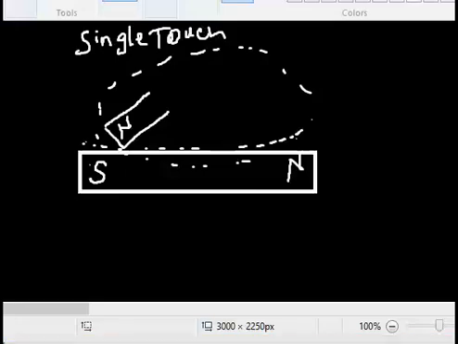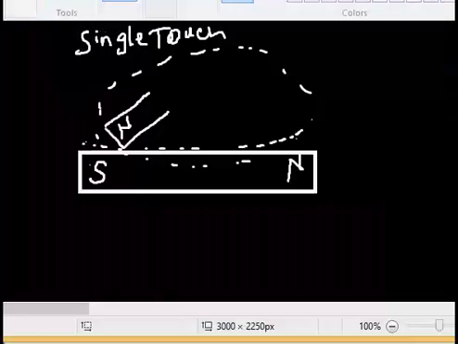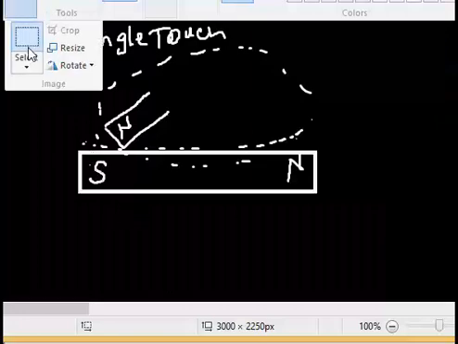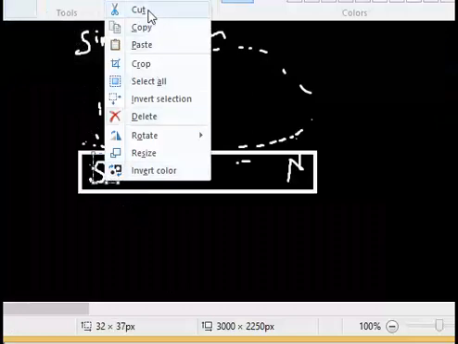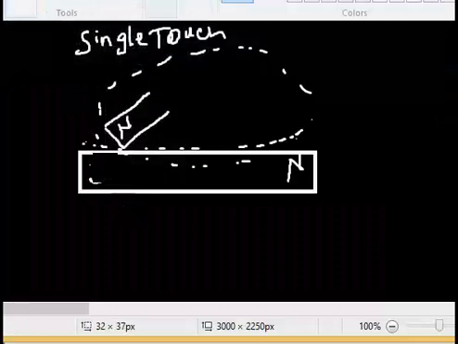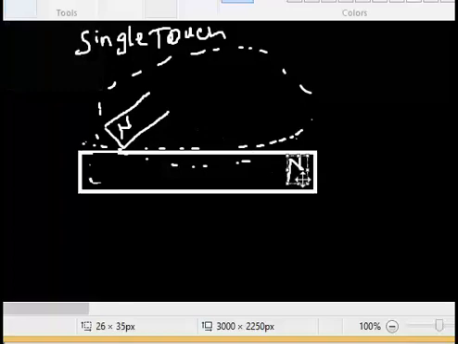So that is the single touch method. Please pardon me: if I'm starting from here, it is only the side where I end the striking that will have the opposite polarity.